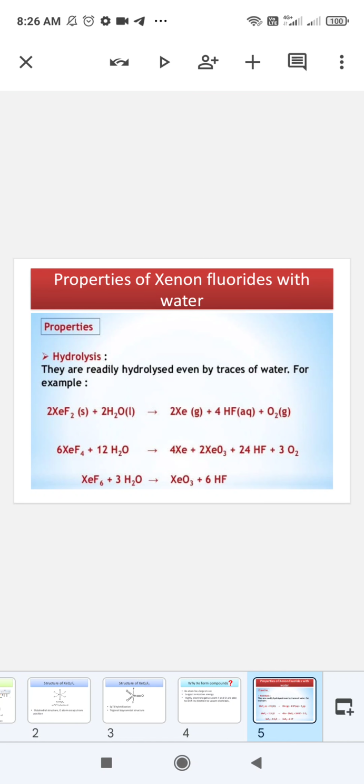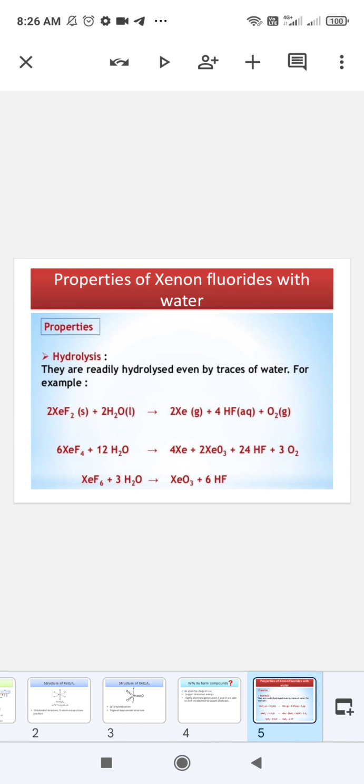XeF2 reacts with water to form Xe plus 4HF and oxygen. Similarly, XeF4 reacts with water to form elemental xenon and XeO3 and HF and oxygen. Similarly, XeF6 reacts with water to form XeO3 plus HF. These are the reactions between xenon fluorides and water.